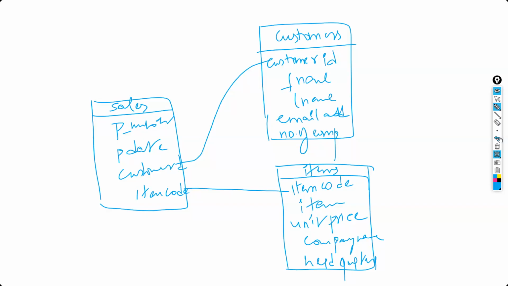Okay, this is called the database schema. I want the database schema in this way. What does the database schema mean? It gives the columns and which two tables are connected to each other.